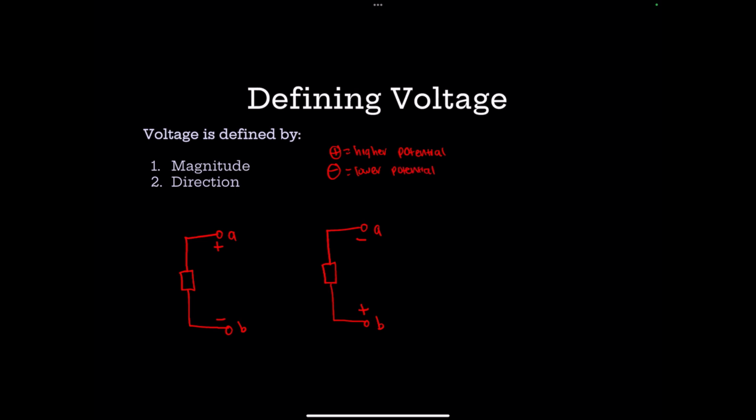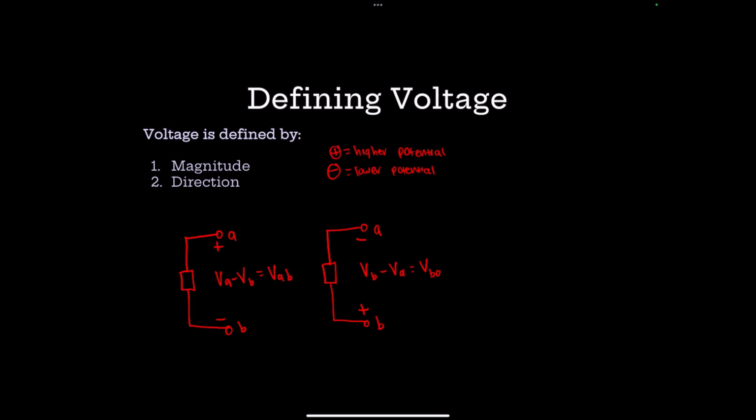So the voltage across this element on the left will be VA minus VB, which we can set equal to VAB. And the voltage across the element on the right will be VB minus VA, which we can set equal to VBA. The positives and the negatives represent the direction of the voltage.